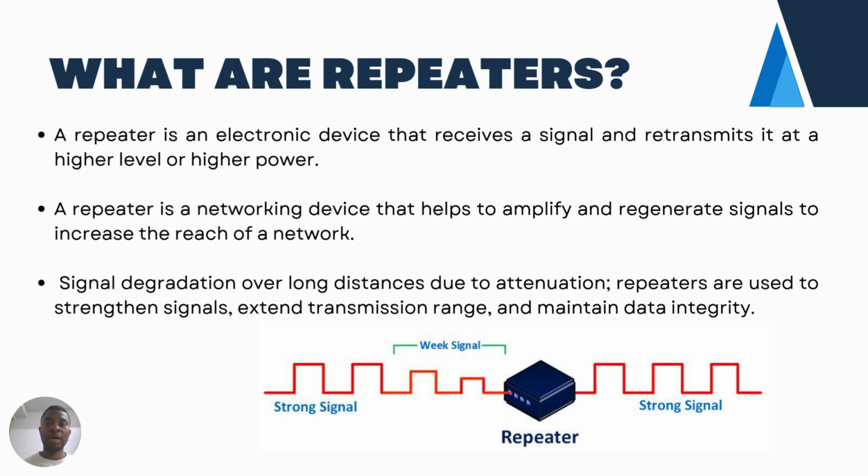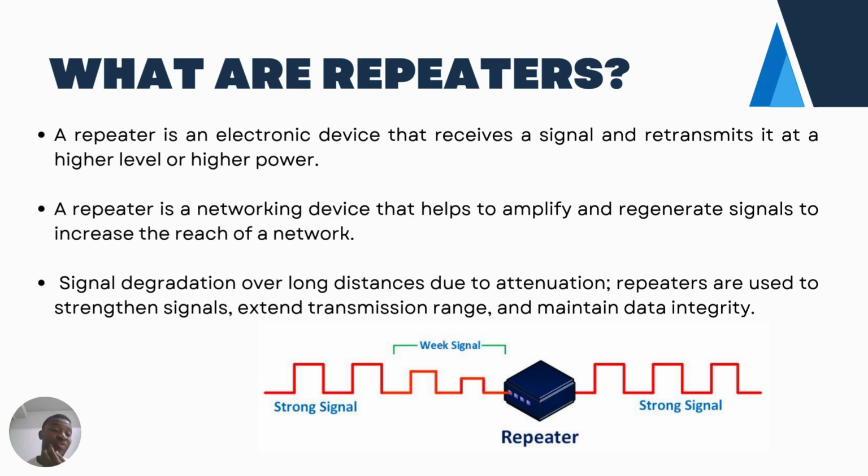Imagine you are having a conversation with someone far away, and your voice starts fading as the distance increases. A repeater essentially listens to that weak signal and amplifies it or regenerates a fresh copy, and then sends it on its way at full strength.